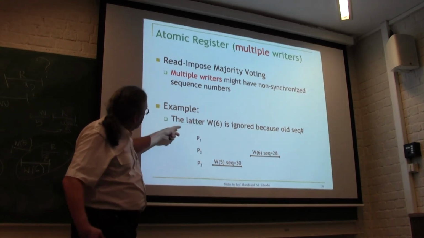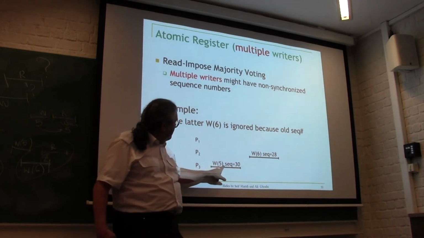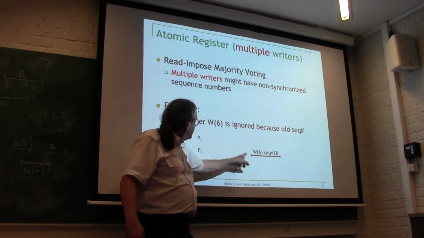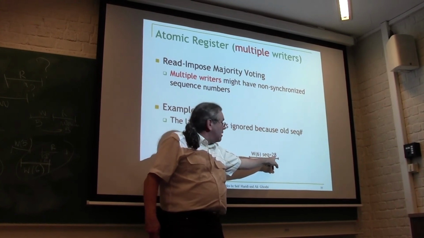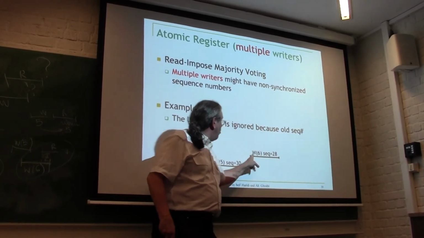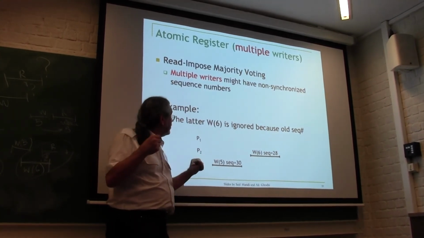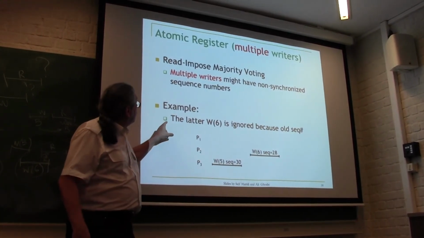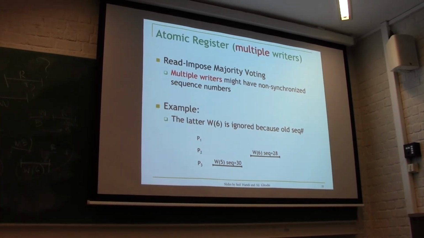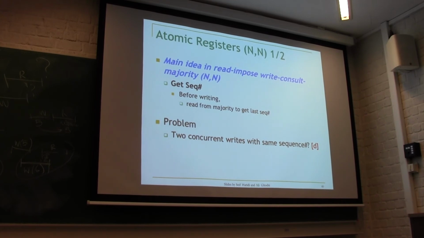For example, if I do write 5 and the sequence number is 30, then later I do a write 6, but the sequence number is still an old one, 28. So it's going to be ignored. It's old. I'm only looking at the last one. So the way to make it multiple writers is to make sure that every node knows the most recent sequence number. So this one will not work.